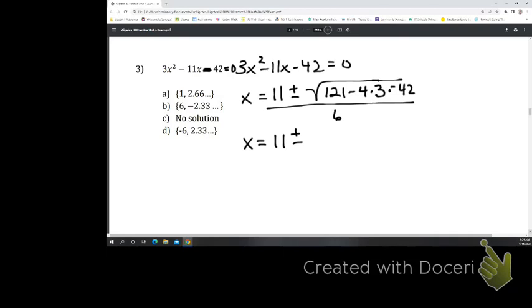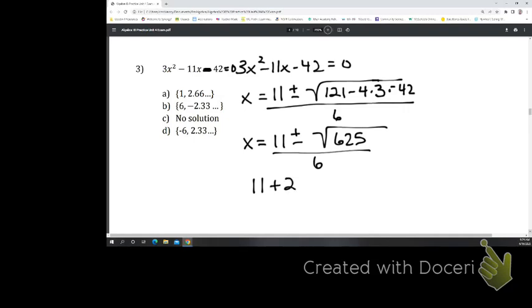And then this big number ends up being 121 plus 504. So 625, which is lovely because that is a perfect square. So because that is nice 25, it's worth a try. If you don't know, don't just start trying to break it down. Try, maybe it's a perfect square. So in this case it is, so it's 25.